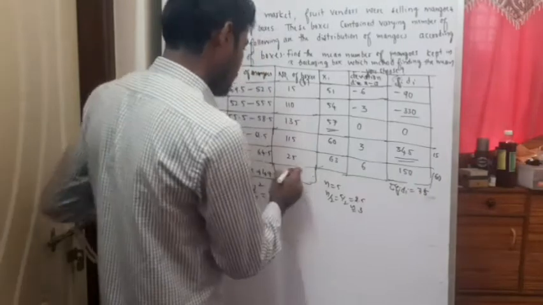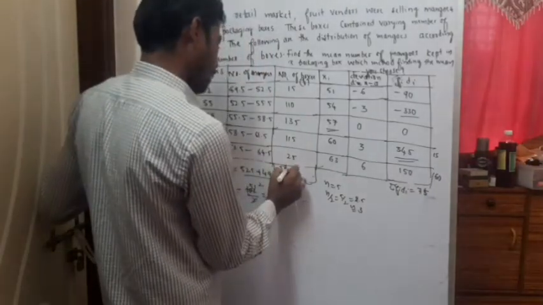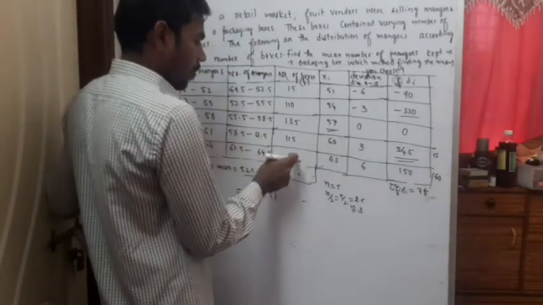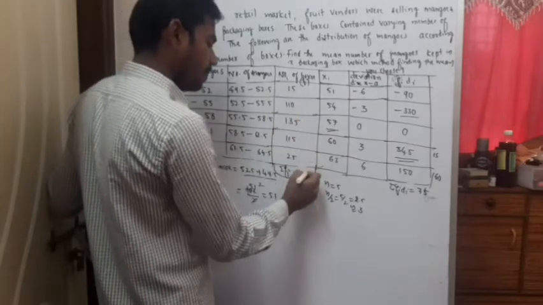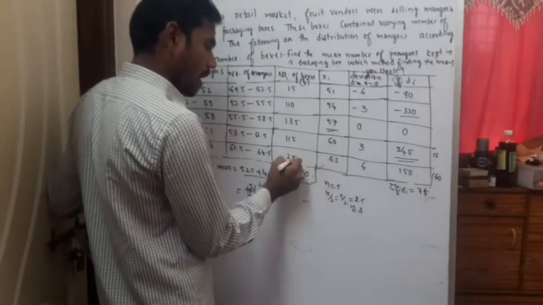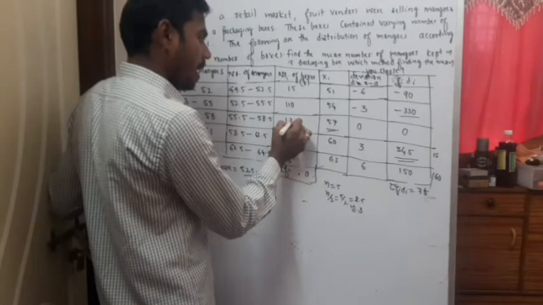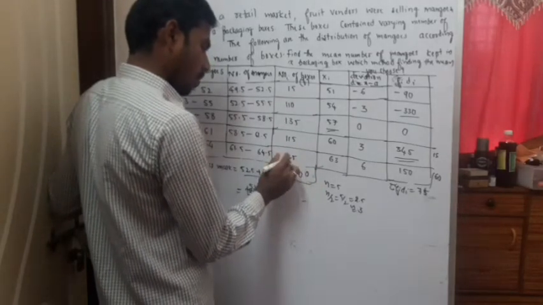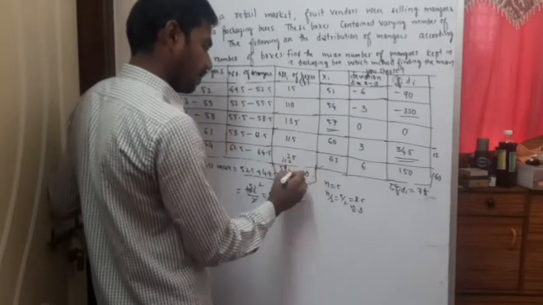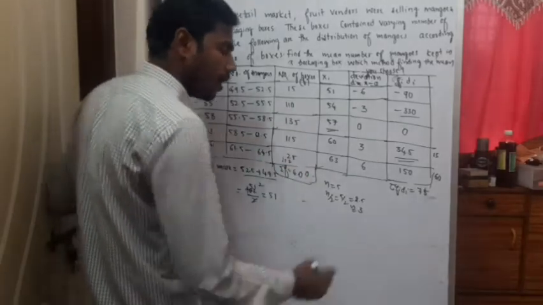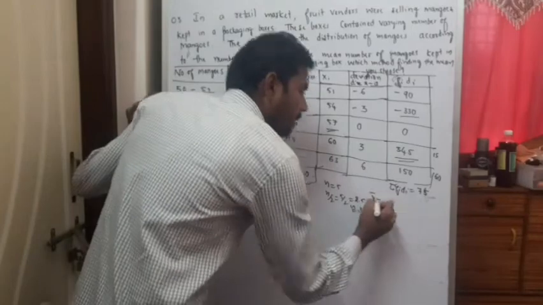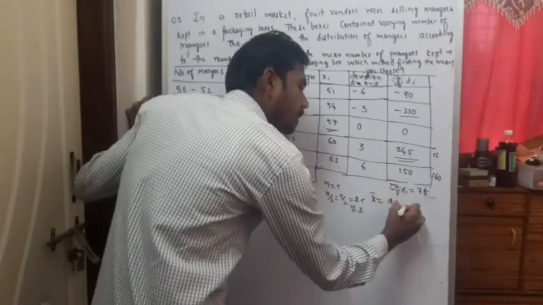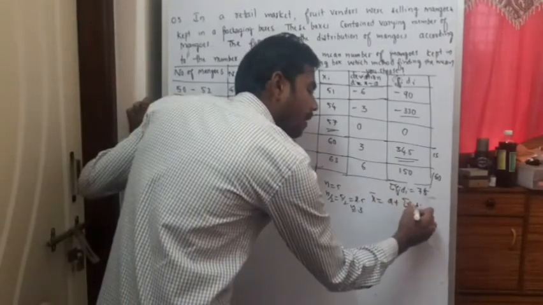So what about sigma f? 5, 10, 15, 20, 0, 2 carry, 4, 5, 8, 9, 10, 0, 1 carry, 1, 2, 3, 4. That is 400. So mean is equal to a plus sigma fi di divided by sigma fi.